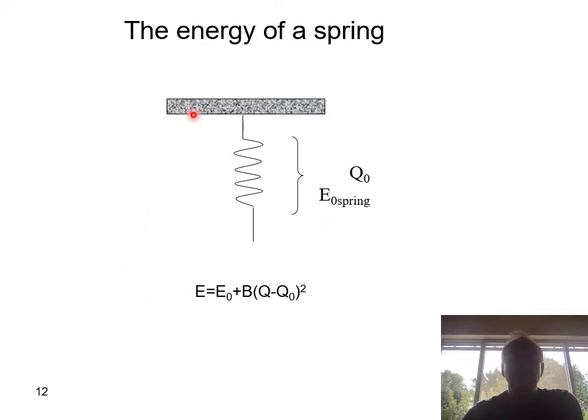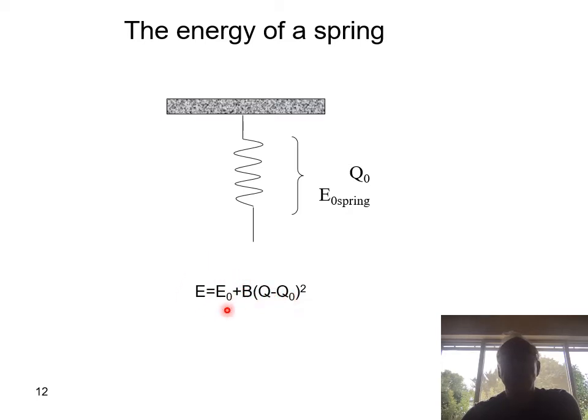So we have to ask ourselves, okay, we have a molecule or a spring at a certain configuration. This is like the resting state of the spring. And we know that its energy is associated with its constant that we'll call its B, how much it's being distorted from its equilibrium state.